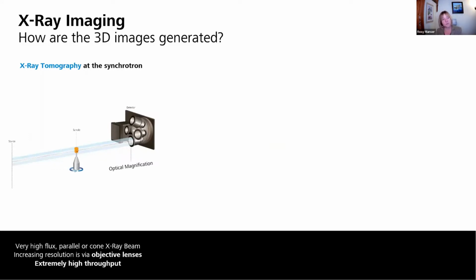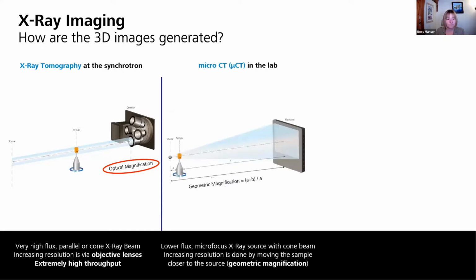The X-rays pass through that specimen, and then optical magnification, so again, anyone used to a light microscope will recognize these objective lenses, are used to be able to generate the increase in resolution or magnification. So you have a huge high flux of X-rays, which allows you to have a really high throughput of specimens at the synchrotron, but it's the objective lenses, which are coupled to a scintillator to turn your X-rays into visible light, that allows you to generate your magnification.